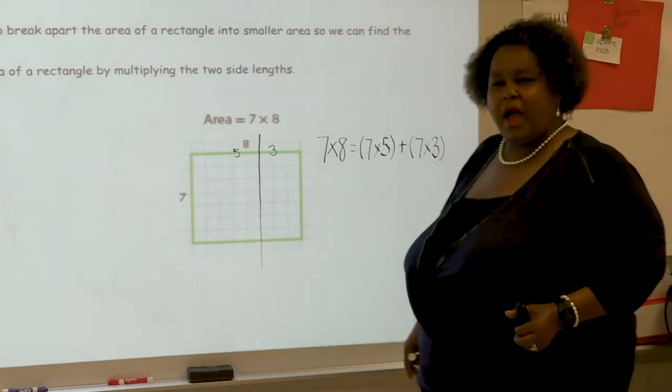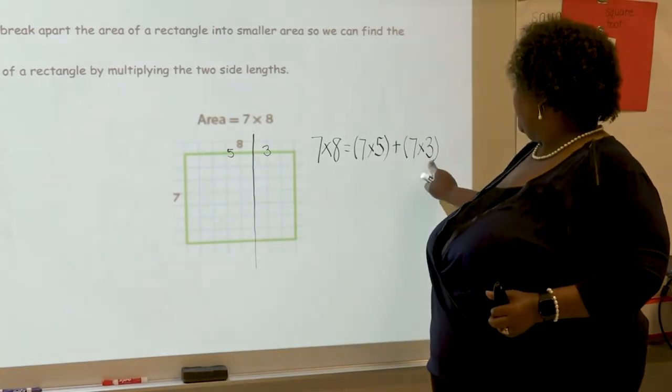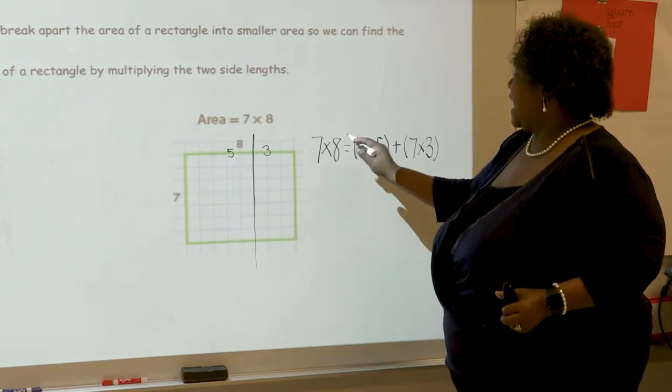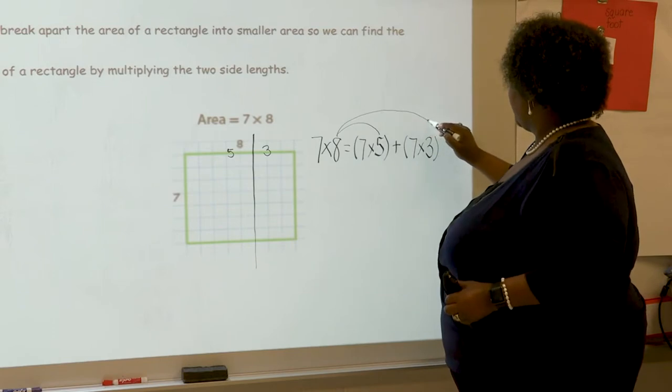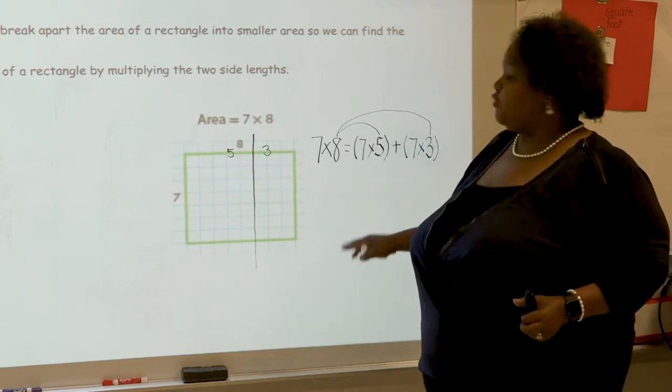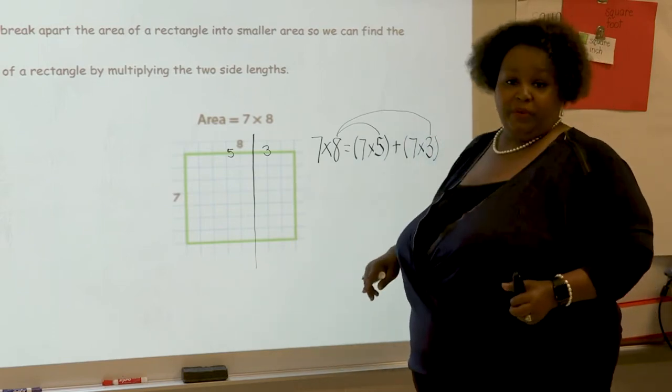Do you see where I got my 5 and 3? They come from this 8. I'm going to draw a line. It's the 8. I broke apart the 8 to a 5 and a 3.